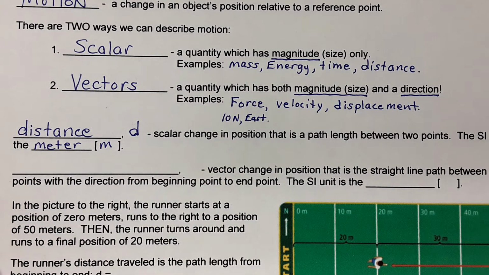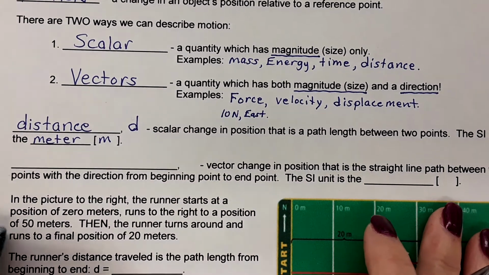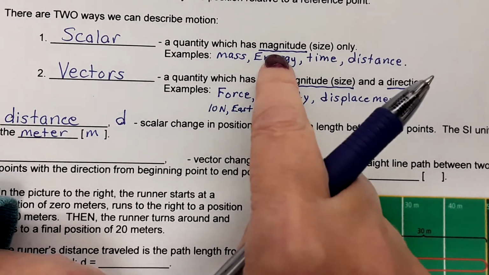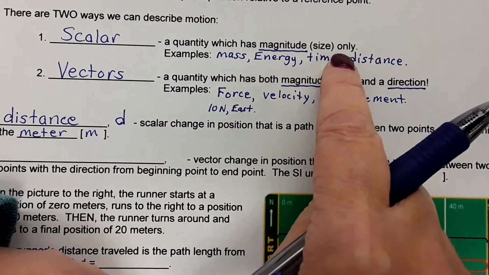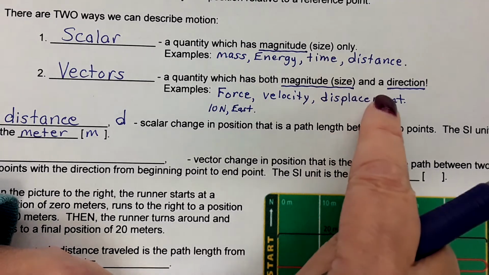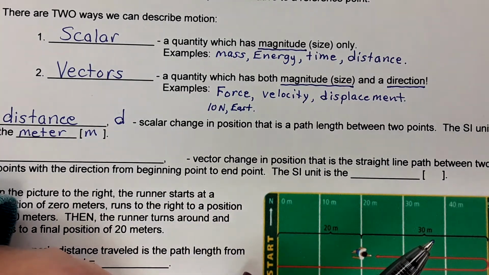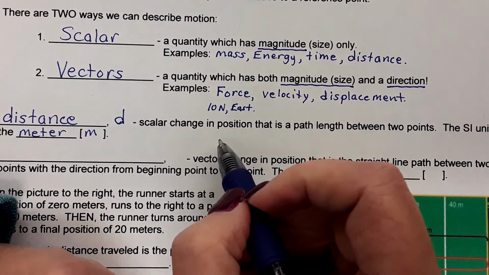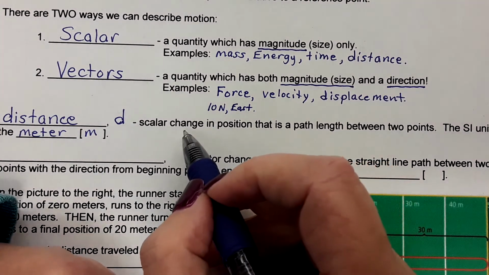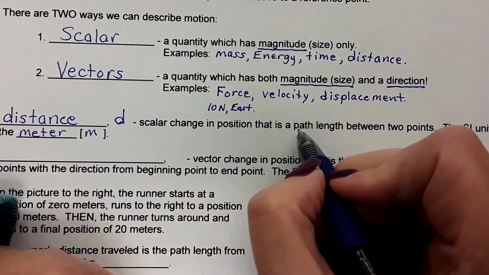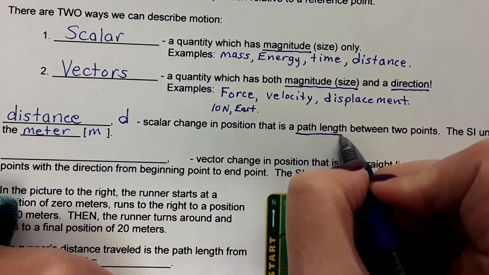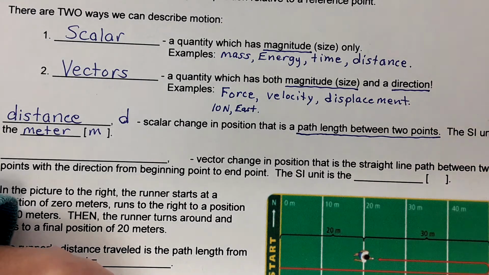But it's important to understand what distance is, since it only has magnitude or numerical size. It does not have a direction like a vector. So direction makes no difference to a distance. That means that distance is the scalar change in position, which is a path length between 2 points.